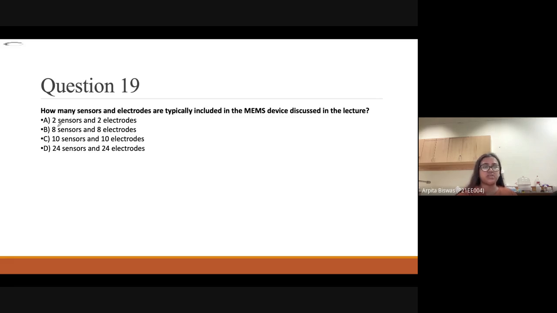First option is 2 sensors and 2 electrodes. Second option is 8 sensors and 8 electrodes. Option C is 10 sensors and 10 electrodes. And option D is 24 sensors and 24 electrodes.